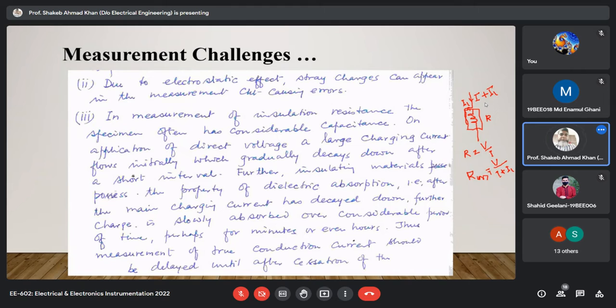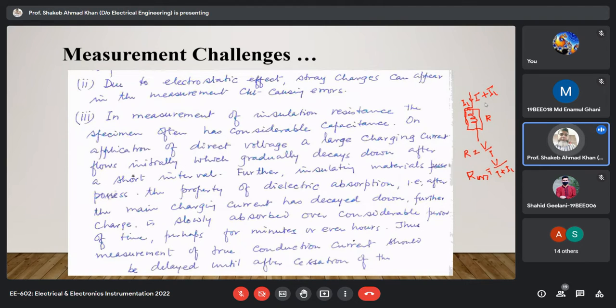It is a transient phenomenon that takes place for some time. So it is very important that while taking the reading, we should wait for some time. Once you energize the circuit, you wait for some time. After some time, your charging current will diminish.